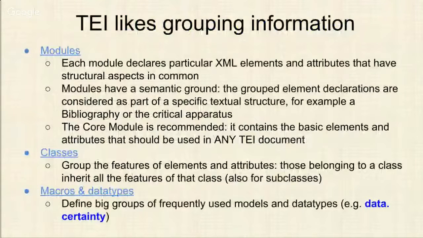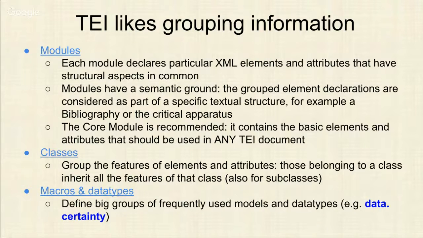As a general thing that you need in order to understand the guidelines, TEI provides various types of grouping information. The most important one is the modules, which we are going to deal with quite thoroughly. The modules declare particular elements and attributes that have structural aspects in common.